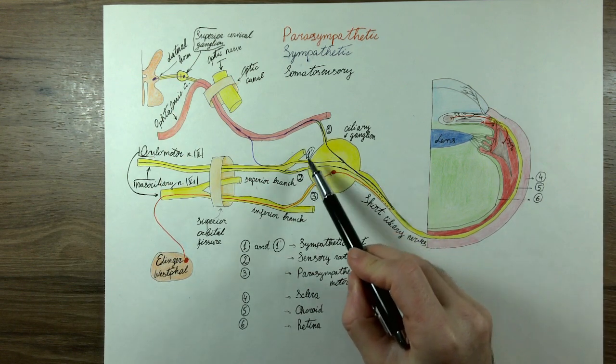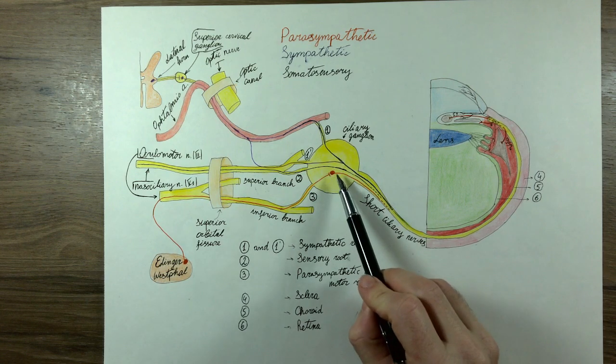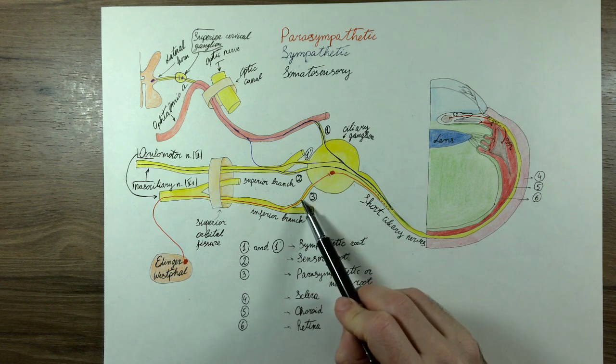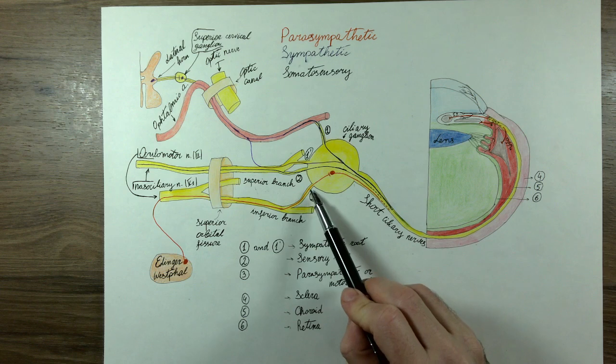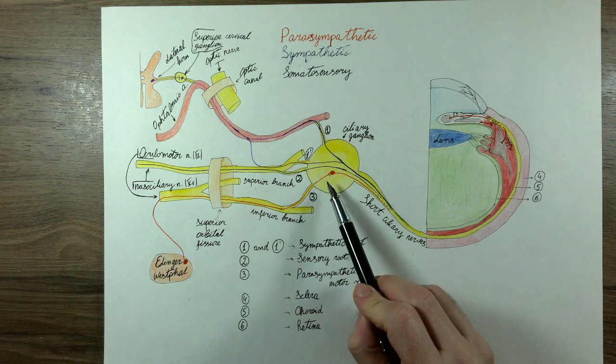Since this is a parasympathetic ganglion, the only cell bodies which can make it would be those of the post-ganglionic nerve fibers of the parasympathetic system. The preganglionic fibers would come from the so-called motor or parasympathetic root of the ganglion.